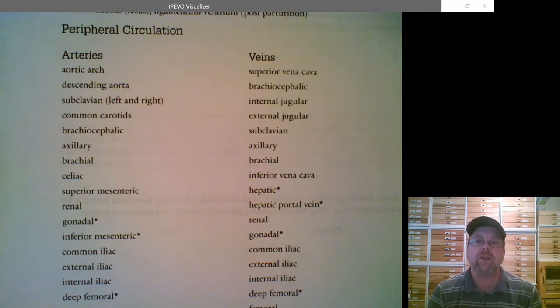So what I'm going to do is break this up into what I call a roadmap. And this roadmap is something that you can draw yourself and then study. And if you memorize this roadmap, it's really going to help you when you have to look at a diagram or look at a picture and name the blood vessels.